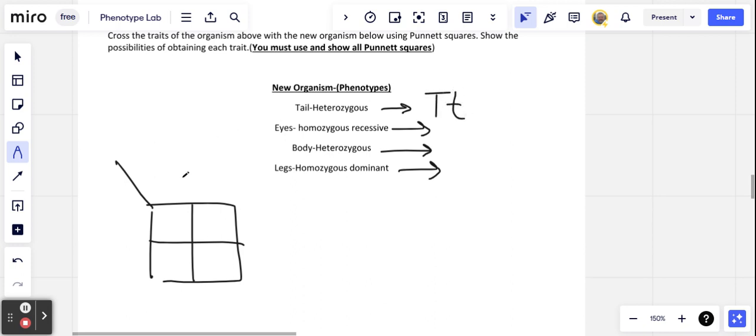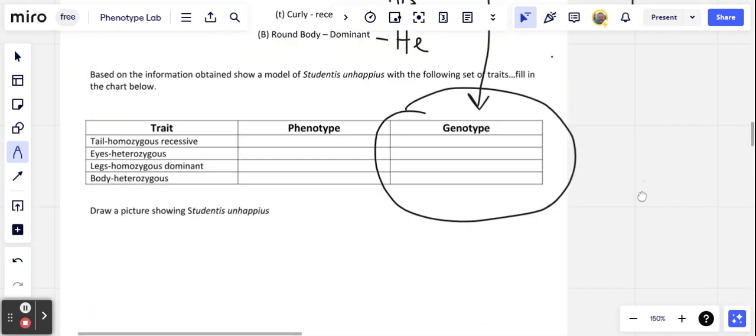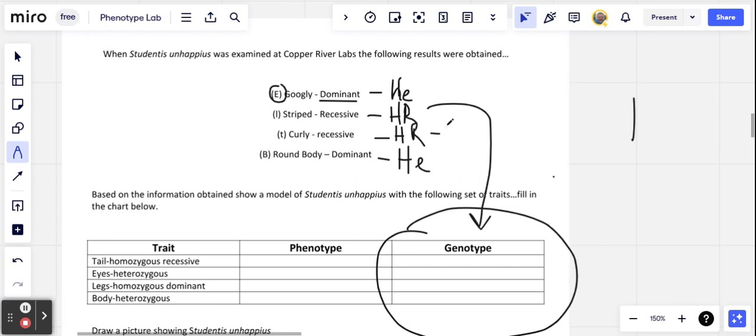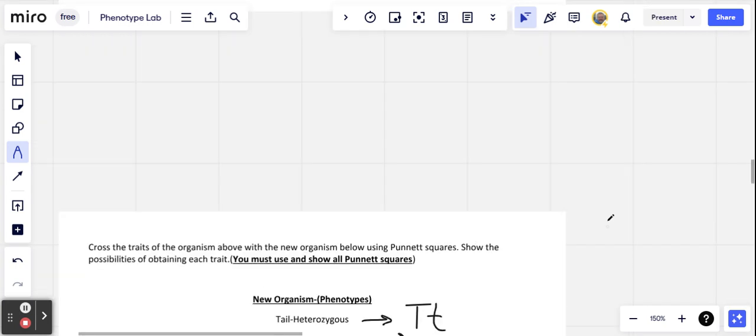For this new one, we're going to put it at the top, right? And then, what did you have for yours? We'll do that one too. So we had the curly tail, so it's homozygous recessive, so it's going to be like this and like that. So then we put that trait down here on our Punnett squares.